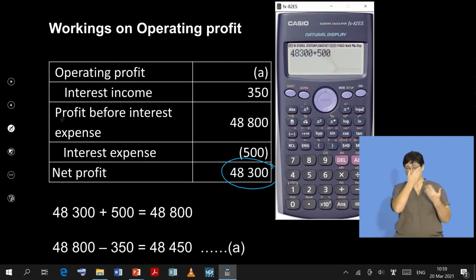Your unknown figure is your operating profit, okay? That will then give you 48,800. As you can see, it appears on your answer sheet.